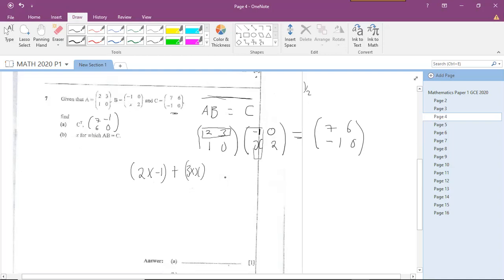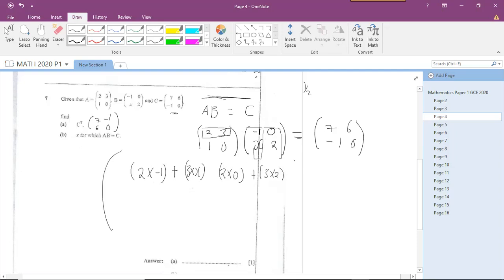You leave a space. After leaving a space, this entire row again will multiply this entire column. You say 2 times 0 plus 3 times 2.